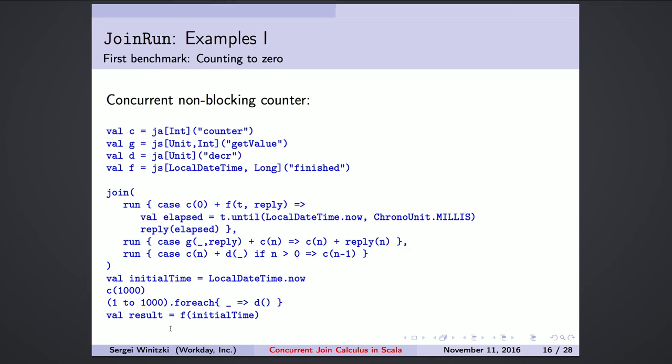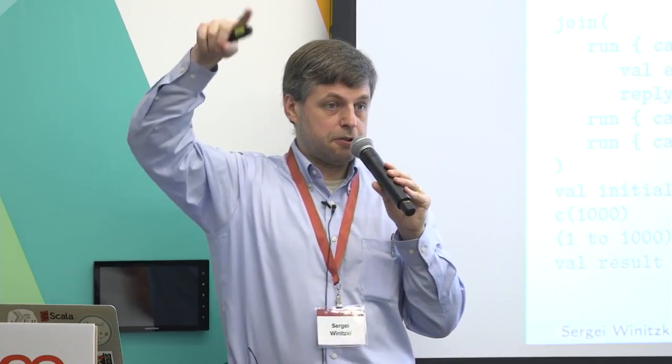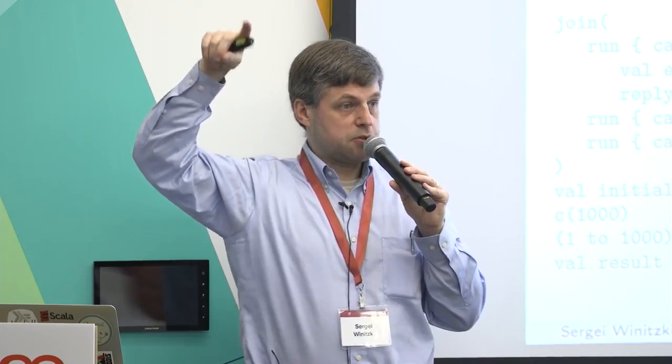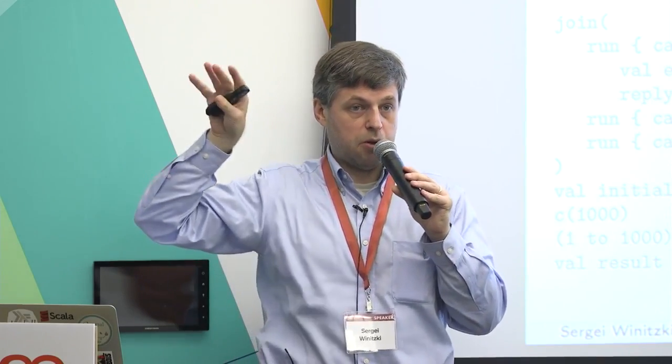I initialize the counter with value 1,000, and I inject 1,000 D molecules, which are the decrement molecule. That means there will be 1,000 reactions, one after another, which the runtime will have to schedule and run somehow.